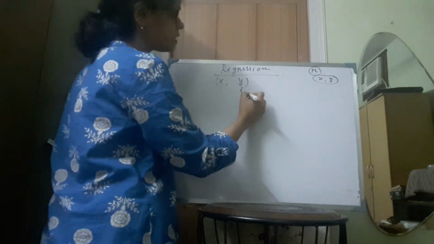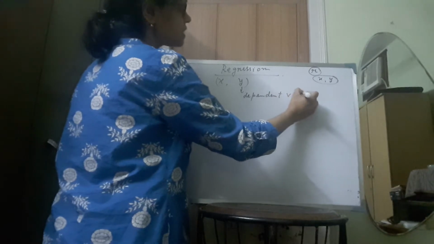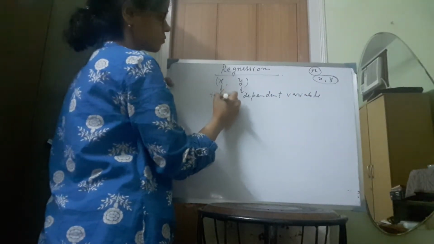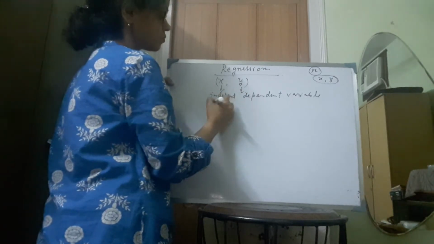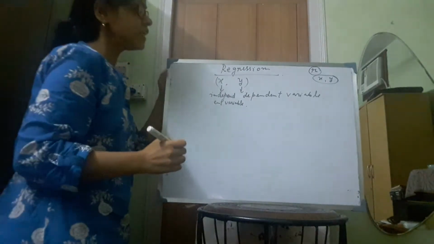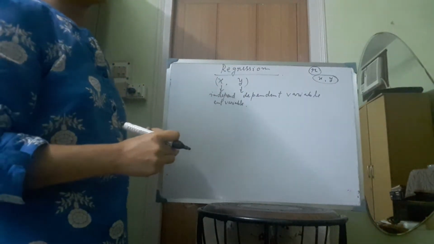Suppose y is the dependent variable and x is the independent variable here. And we are trying to find out the effect of the independent variable on the dependent variable.